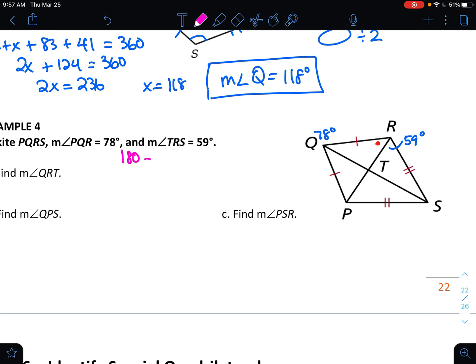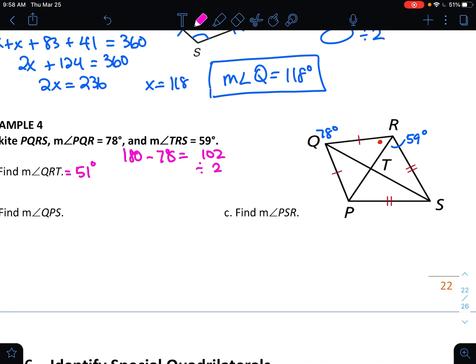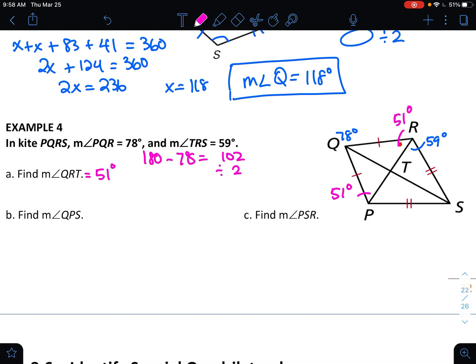So I can take 180 take away 78. So 180 take away 78 is 102. And then I'm going to take 102 and cut that in half. So the measure of QRT is 51 degrees. I'm going to go ahead and put it over here because that might be helpful for a future problem.